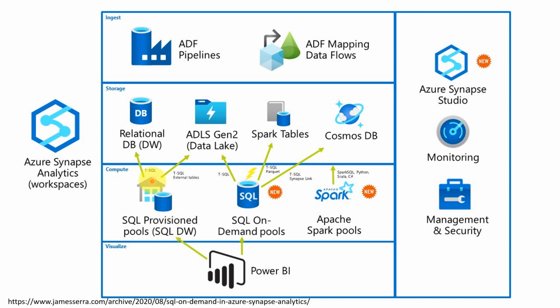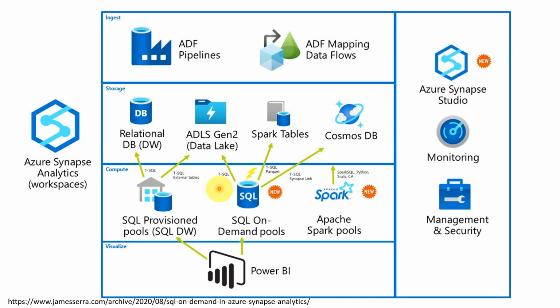Here we can query the data using T-SQL on our relational data warehouse, or we can also connect to Azure Data Lake Storage Gen 2. And we can also use the latest addition, the SQL on-demand pools, where we don't need to keep a provisioned pool. We can pull the information on demand as and when required, and it can also connect to Azure Data Lake Storage, Spark tables, and Cosmos DB. This is also a really helpful feature, but whatever you do, you need to make sure to watch the cost in all these transaction scenarios.